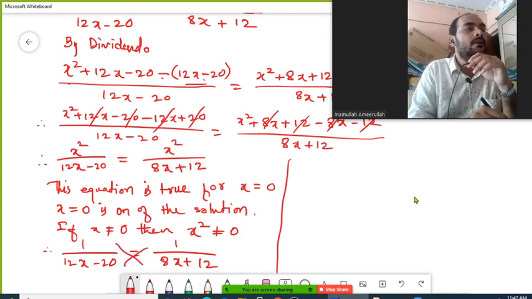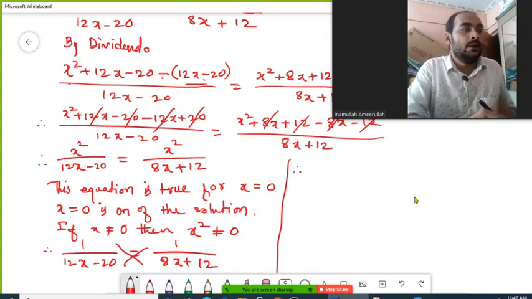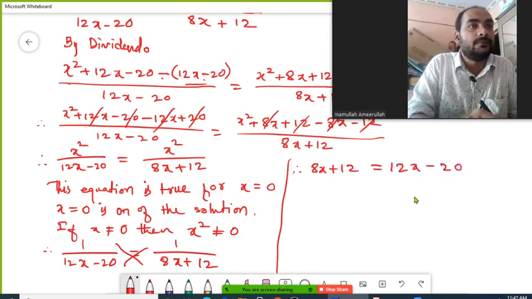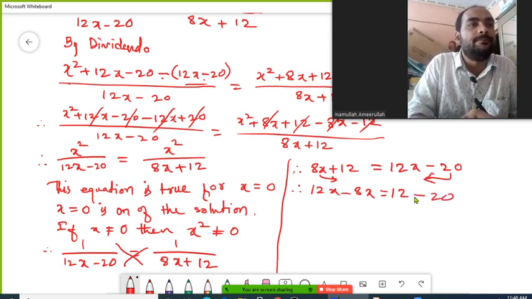Now you can cross multiply. So you will get 8x plus 12 equals to 12x minus 20. So you can keep 12x in its place. This 8x can be sent to the right hand side, will become minus 8x, and keeping 12 in its place, this 20 can be sent to the left hand side, will become minus 20.